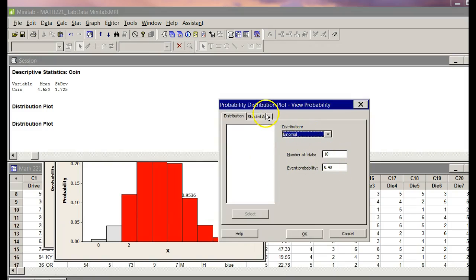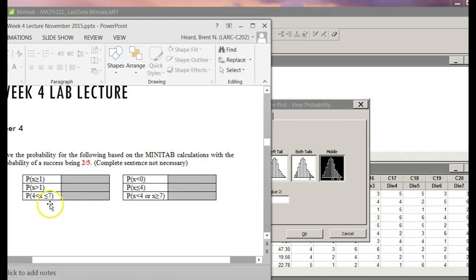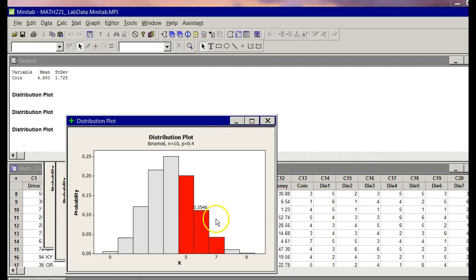It stays the same. Click Shaded Area tab, X value, middle. I want to know between 5 and 7. Why a 5? Because it said greater than 4. X is greater than 4, less than or equal to 7. Alright, middle, boom. My answer is 0.3546. Nailed that too.